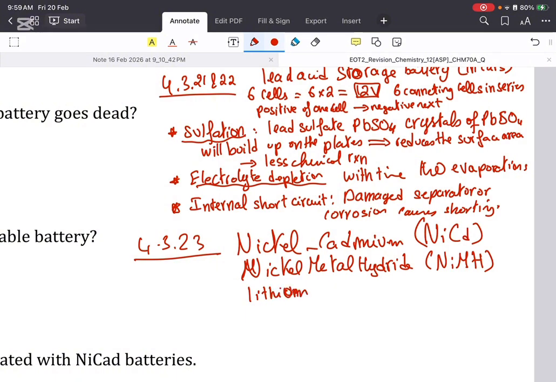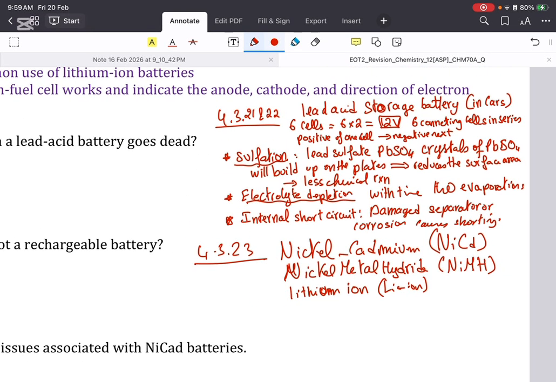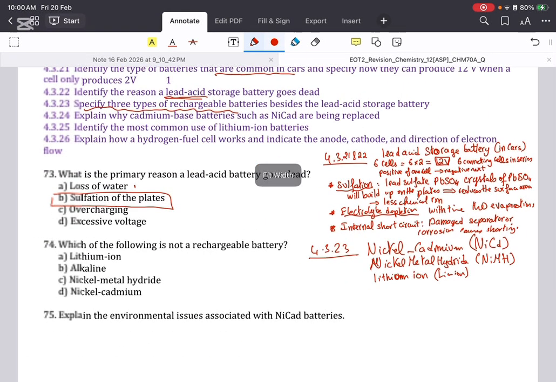These are the most common ones. Lithium ion. Okay, so you know the lithium ions are the ones used in smartphones, laptops, tablets. You just plug it into the charger and you charge it. So these are rechargeable batteries.